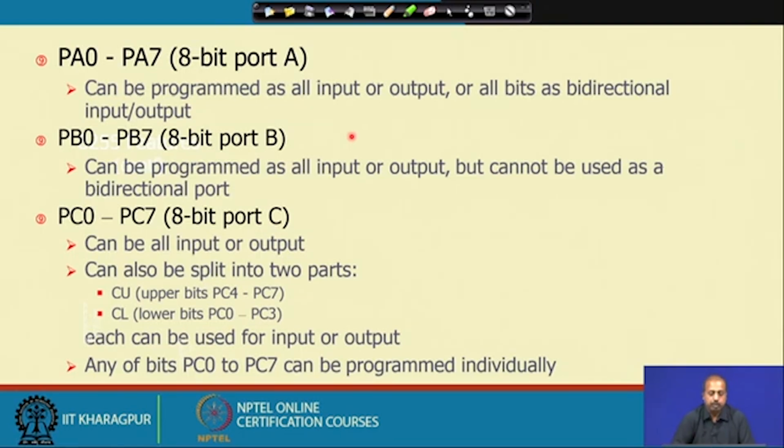Each can be used separately for input or output purposes, and these bits of port C can be programmed individually. So, this has that bit addressability feature. So, if you are using, say, an 8085 type of microprocessor where you do not have bit addressability of ports, you can connect one 8255 chip with that, and then you get some bit addressable locations for input output.